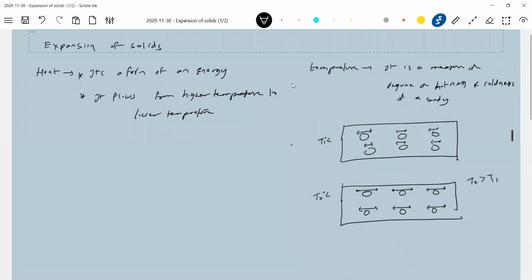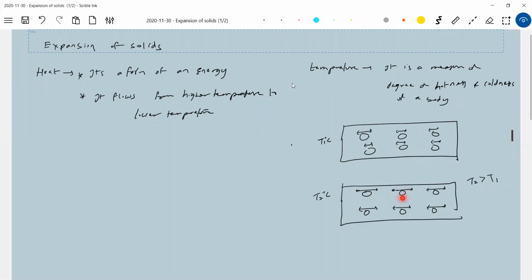So temperature is a measure of the random vibration of atoms about their mean position in a material. If they vibrate more, the temperature is said to be more. This was the earlier definition, and this is the modern definition we are using here.